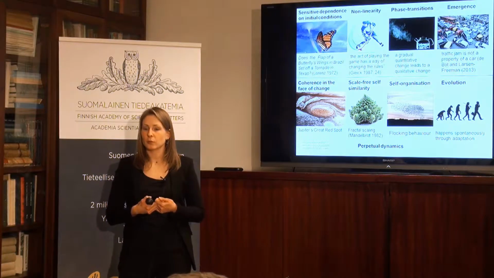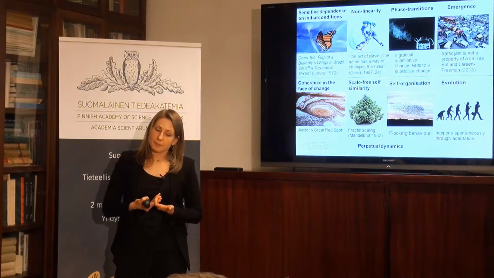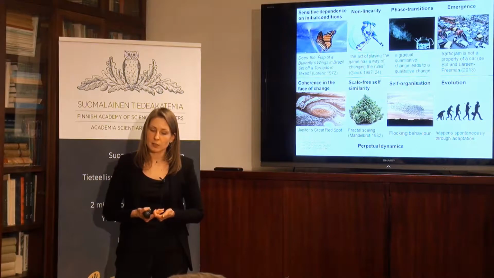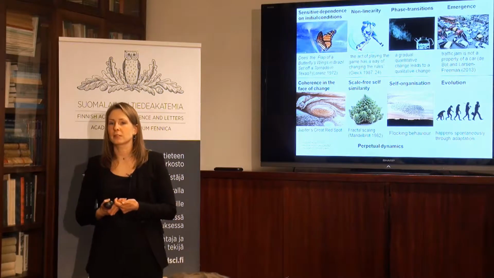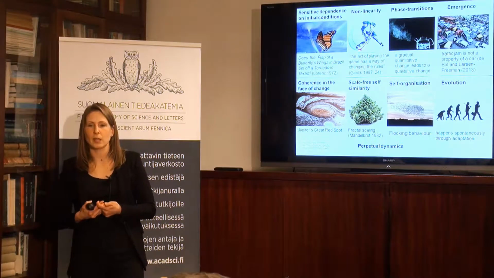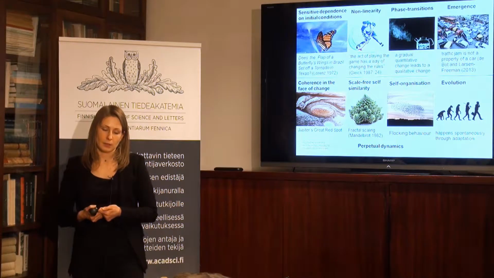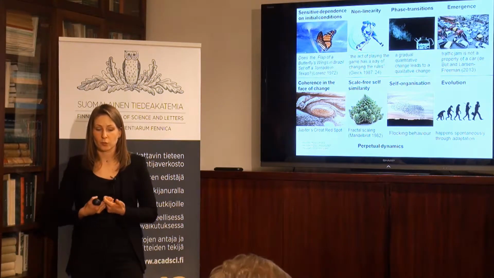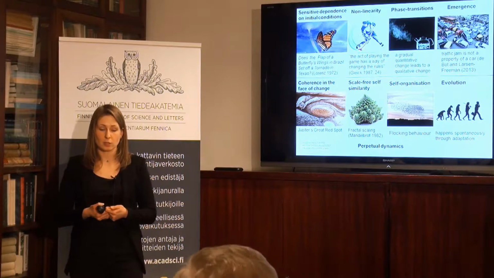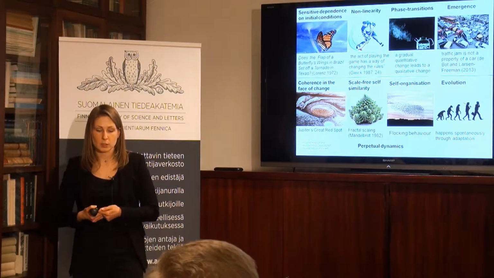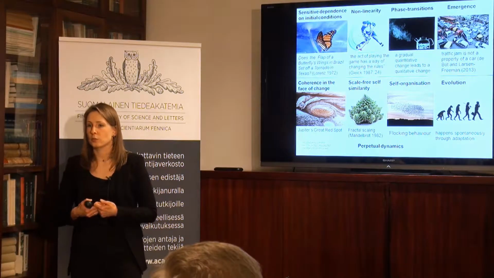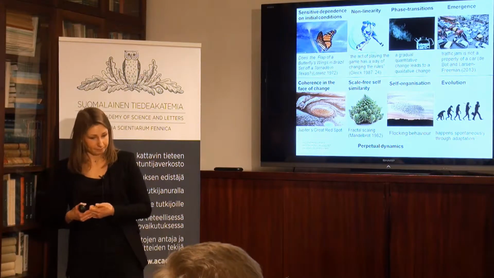Self-organization, flocking behavior, for instance. The idea is that birds did not mean to flock. This behavior emerged as an interaction between the birds. So that is the property of self-organization, and certainly evolution, which happens spontaneously through adaptation. So there is no global design; it just happens.